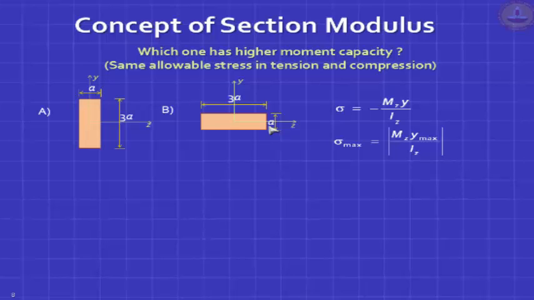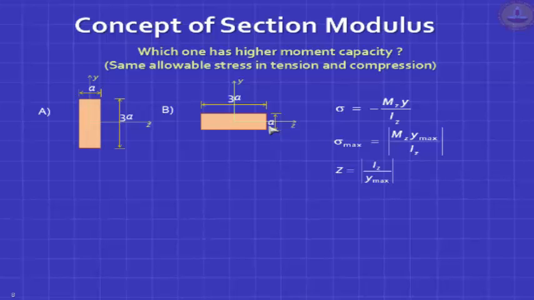If you look at the relationship between sigma max and M, sigma max is M into y max divided by I. Of course, M and I are with respect to some z axis. This I by y max is a section property. Please note, I, second moment of area, has units of millimeter raised to 4.